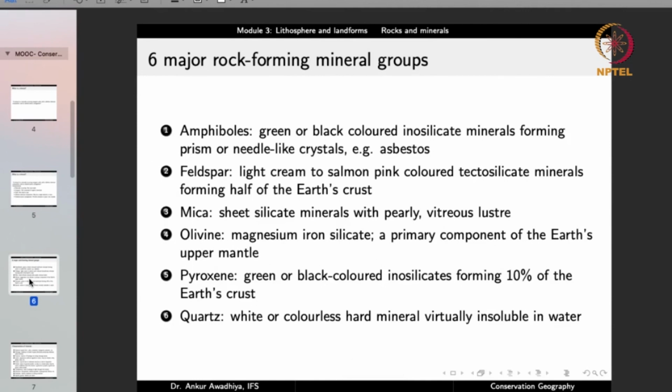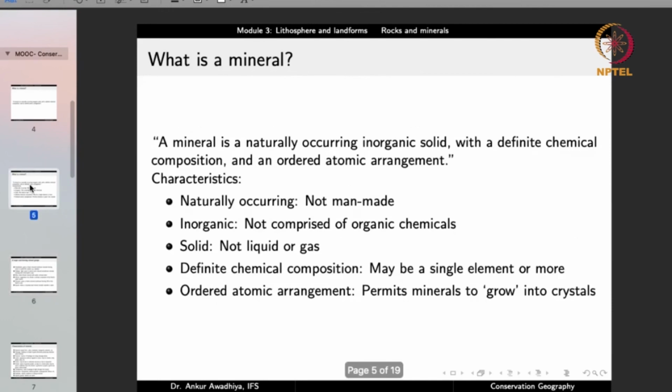And we have different minerals. We have n number of minerals, of which 6 are considered to be major rock forming mineral groups. So if we consider this definition, you can have a very large number of minerals, because you can take any compound, and if that compound gets into an atomic arrangement that is ordered, and if it is found naturally, and if it forms a solid which is an inorganic solid, then there will probably be a mineral that corresponds to that compound.